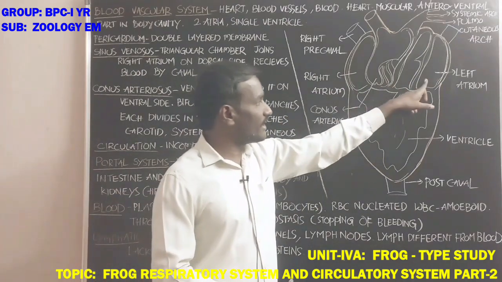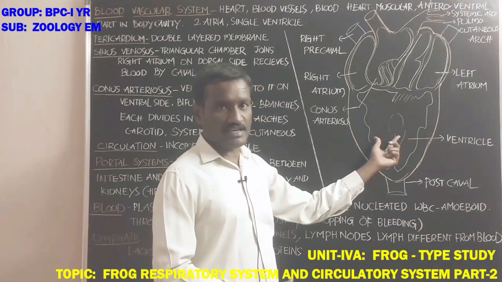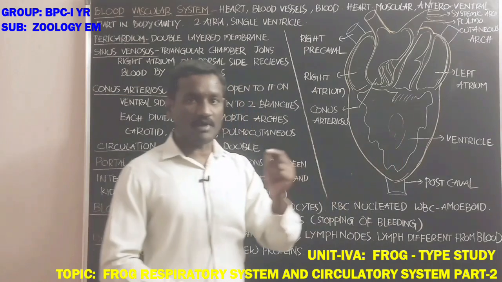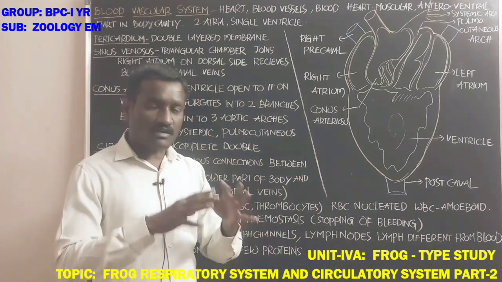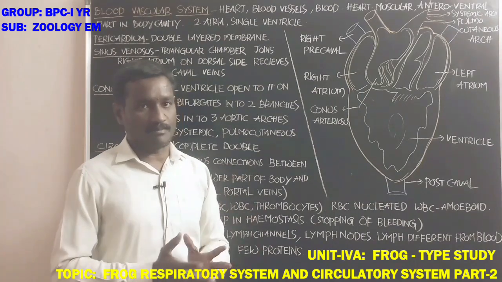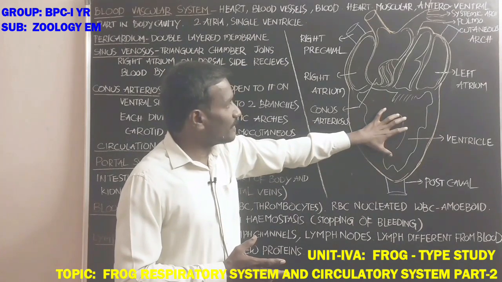Both atria pump the blood into the single ventricle, and in the chamber of the ventricle, oxygenated and deoxygenated blood is mixed up.